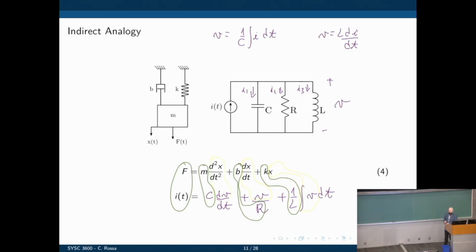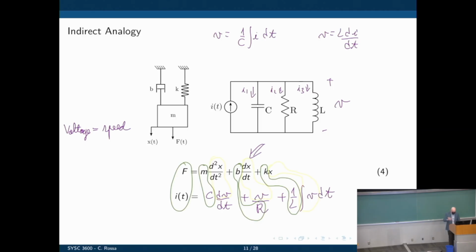So what is the analogy here? Well, the analogy is simply that a voltage is equal to speed. You can see from here the derivative of X equals V. The derivative of X is the speed.